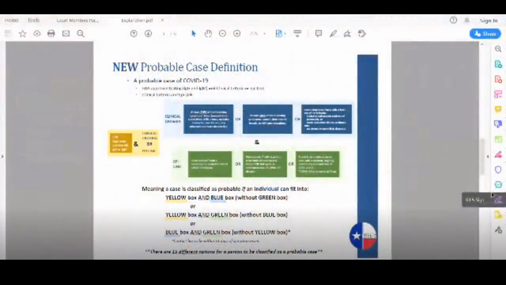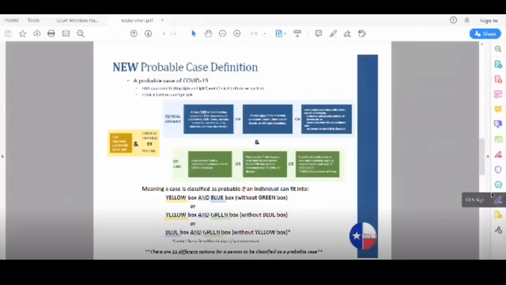So these are the different options that we have for the probable case definition. If you do the FDA-approved testing, which right now is serology, looking for antibodies, IgG, IgM, you have to have the clinical criteria. And if you don't have that, and then you have the EpiLink, then you could still be counted as a case. If we look at the yellow box here, that's the approved testing.